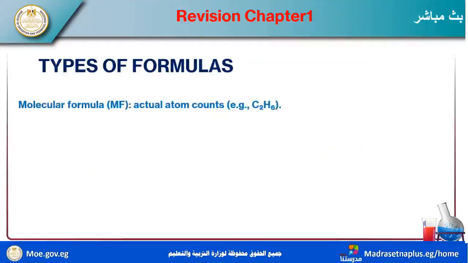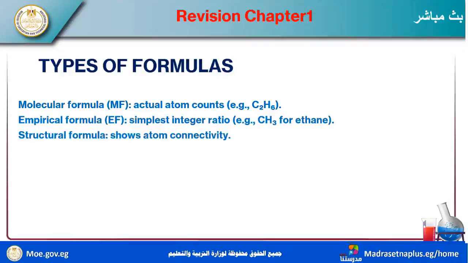We have many types of formula. The molecular formula is the actual formula. We have the empirical formula, and we have the structural formula. The molecular formula gives the actual number of each atom. But the empirical formula gives the least ratio of atoms.